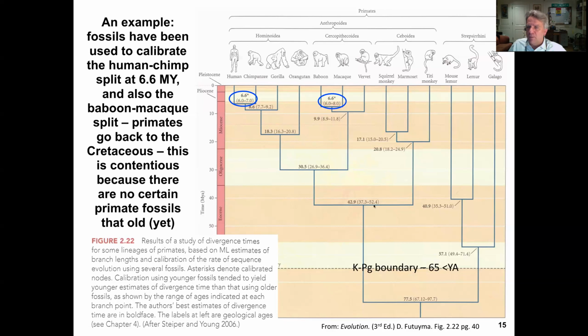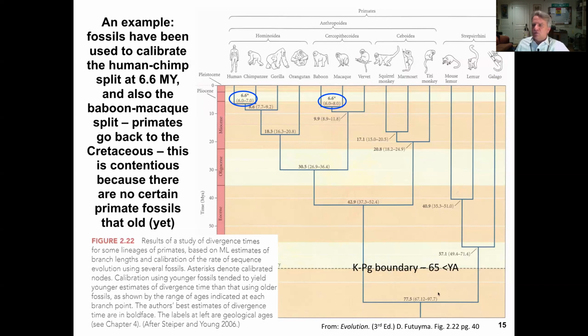And you see these numbers in the parentheses. This is the credible interval that I was referring to in the previous slide. So in a sense, we would say the age of that common ancestor of the Western Hemisphere and the African and Asian primates is 43 million years, with an interval of about 37 to 52 million years. So those are the range of ages that we accommodate given the uncertainty of these age estimates.